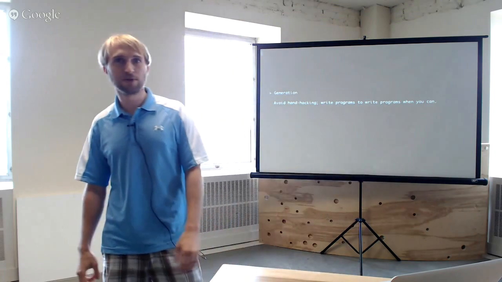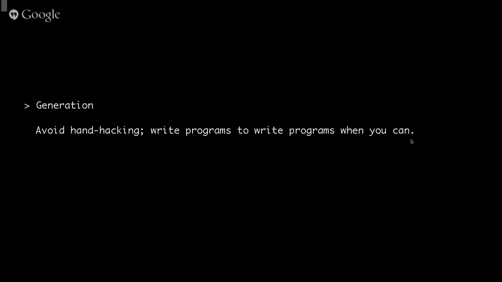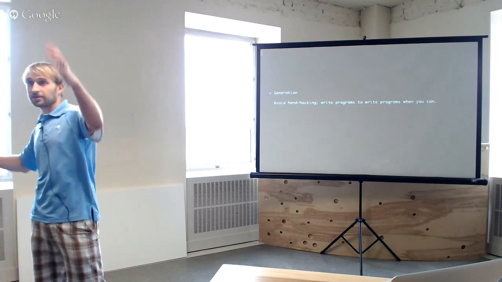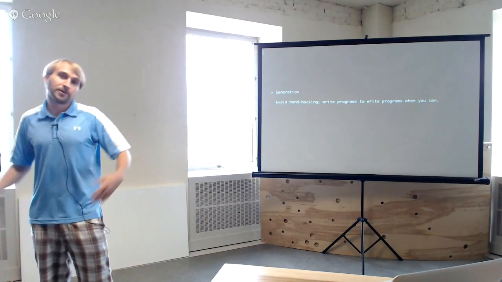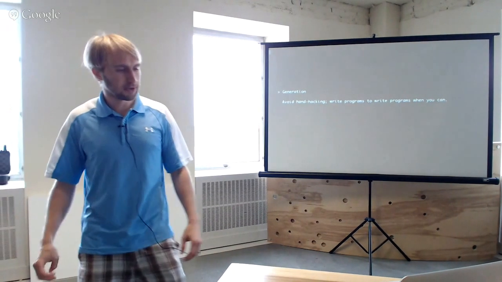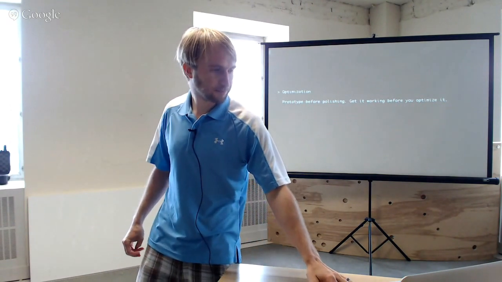And this is related to the principle of generation. Probably the way we might express this today is along the lines of don't repeat yourself. If there is a block of code that would be repetitive, then you write code that does that repetitiveness for you. That's pretty straightforward. I think most of us agree with that.